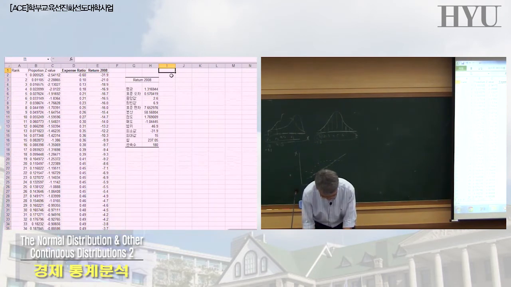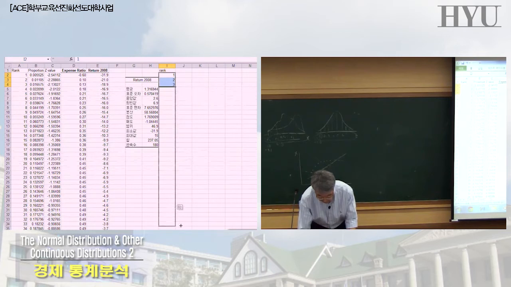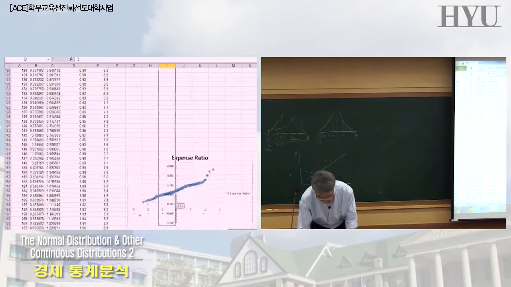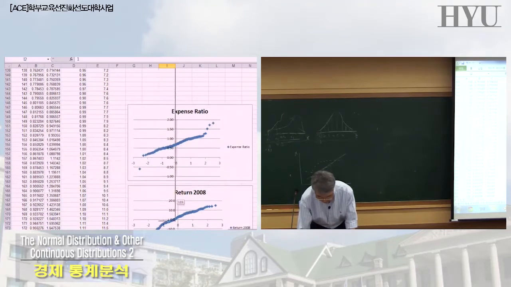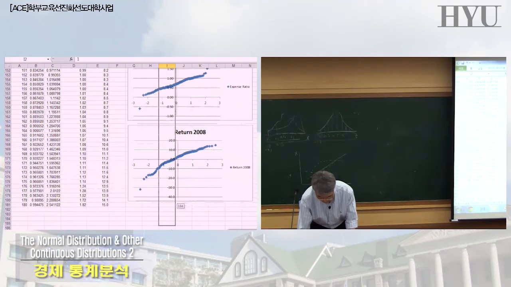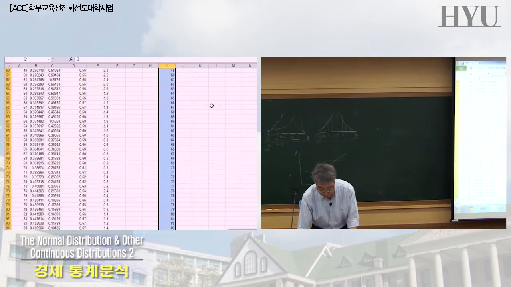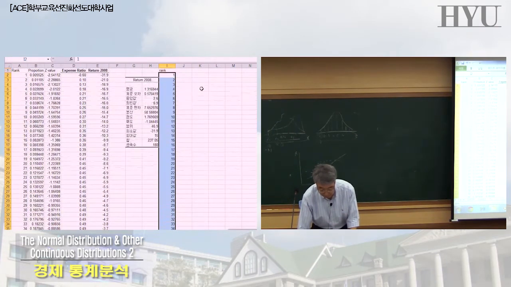You type rank, and you start from 1, 2, 3, and then highlight those numbers and just drag it down to 180, whatever the number of observations in your data is. Okay? All right.